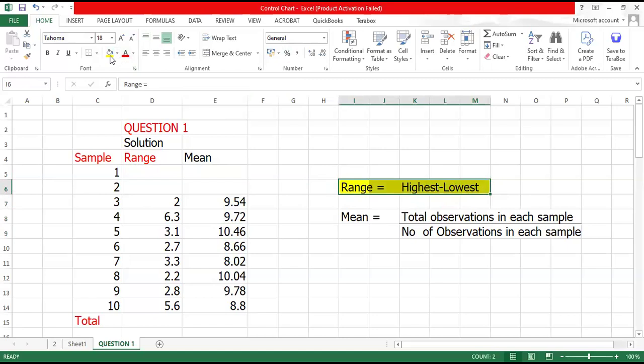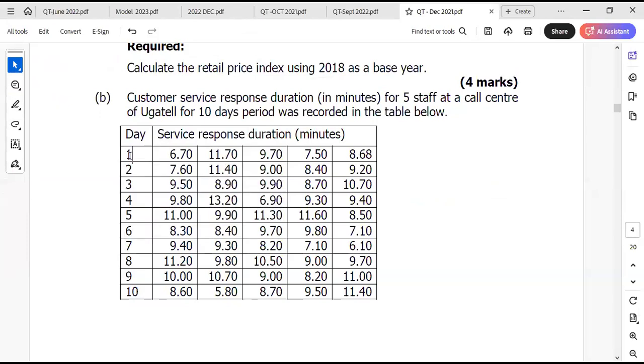From this data, this is day one, sample one. What is the highest value from what you have observed? Get that highest value, then subtract the lowest value. So what is our highest value? Yes, the examiner is testing your attention to detail.